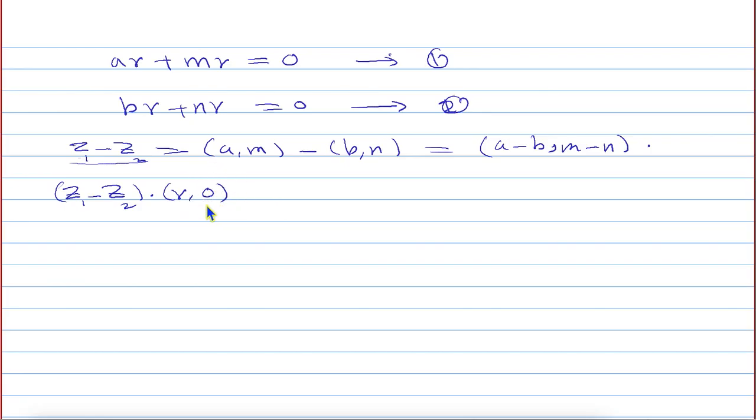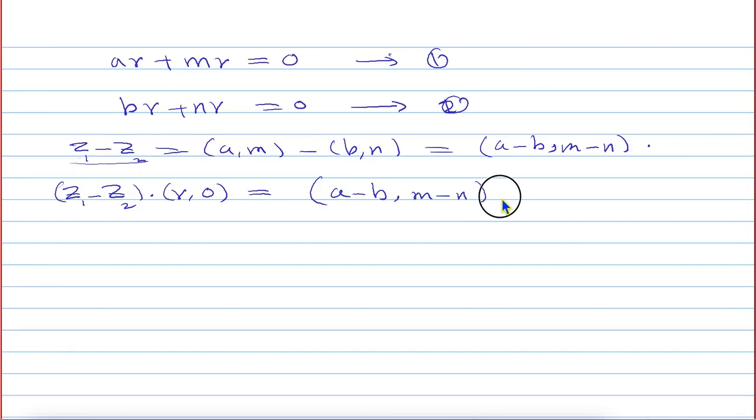Okay, and this equals Z1 minus Z2 times (R, 0), where Z1 minus Z2 is (A minus B, M minus N).